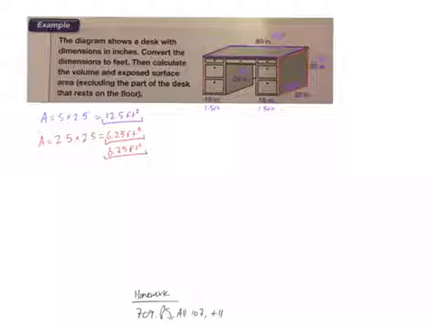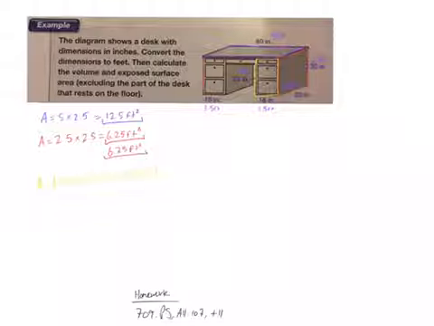Now let's talk about maybe this front one right here. So the area of that one is going to be 1.5 feet by 2.5 feet, which comes out to be 3.75 feet squared.